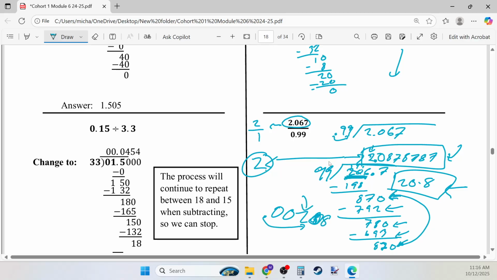I need to make sure that when I do my approximation, I get a number that's in the same order as my actual number. So this is in the ones place, that should be in the ones place, not the tens place, not the thousandths place. And that can help me know where to put the dot as well.